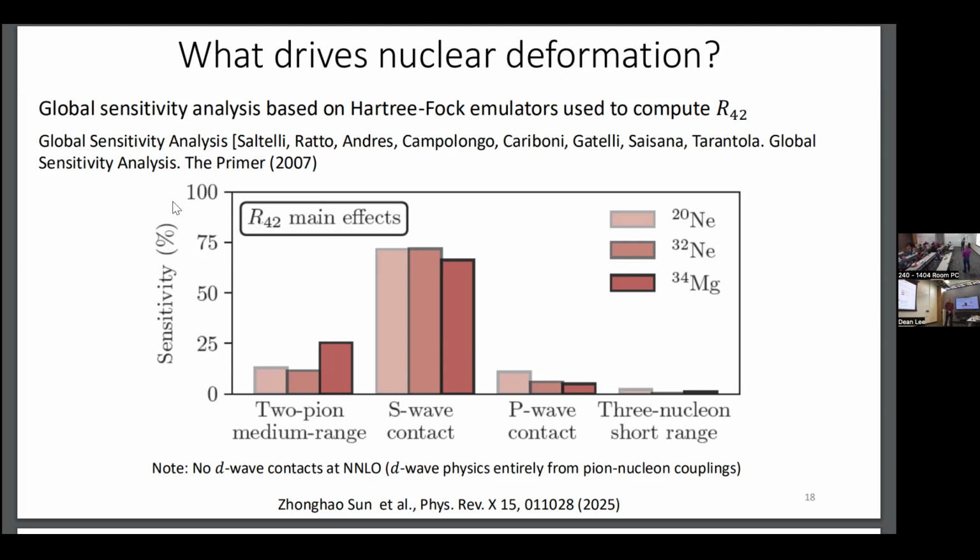I'm just thinking your S-wave contact might be kind of broad and not really a contact. Yes, absolutely. I'm thinking that if we apply our interaction, we will get the same deformation, even without pions, very soft. If that's the one that dominates, then we have it. That's fine.